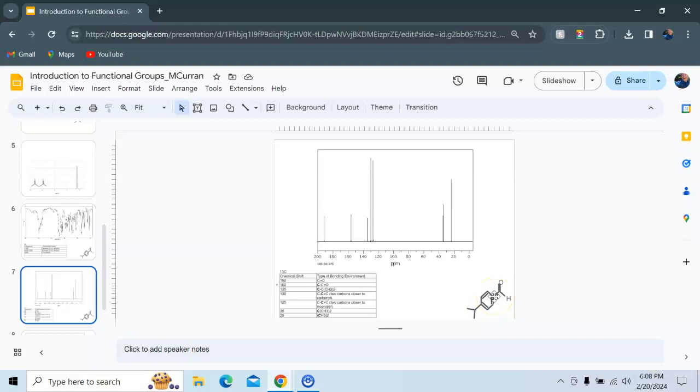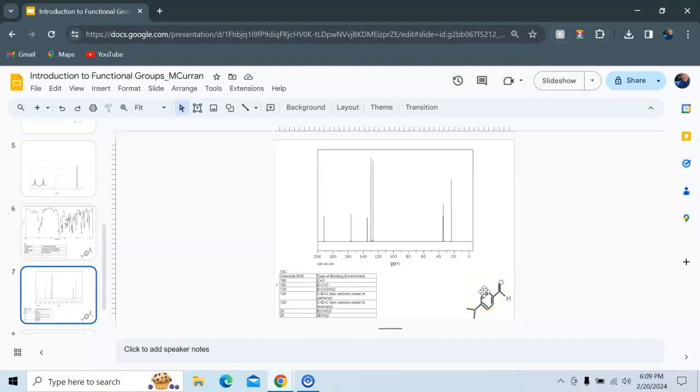Just upfield from that at 135, we have this C on the other side of the molecule, this one here, which is then bonded to this carbon and the 2 methyl groups. At 130, we have these 2 equivalent carbons on this side and this side.